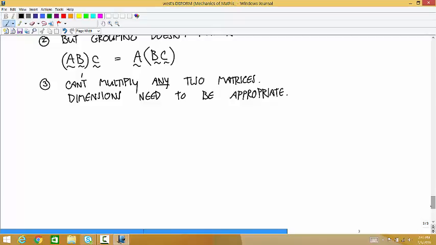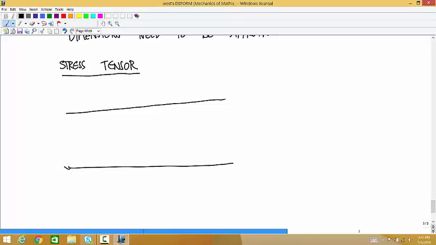Okay, well, let's talk about what stress is. So the stress tensor. Say that you have a big chunk of material and you want to isolate a small cube of material inside there.